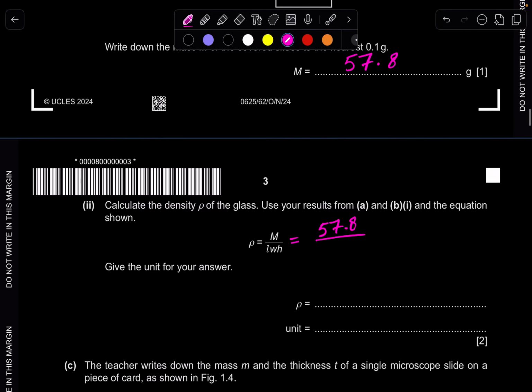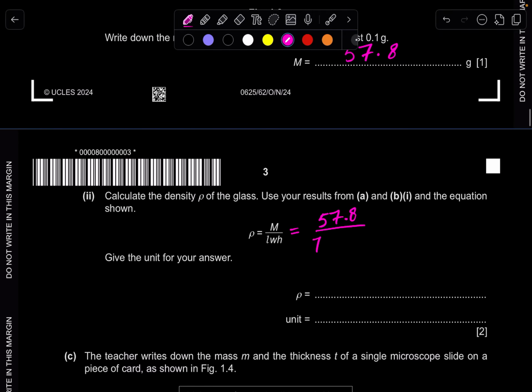Length was 7.5, then it is 2.5, then it is 1.3. When you multiply all of them, what you will get, okay, this is 2.37.